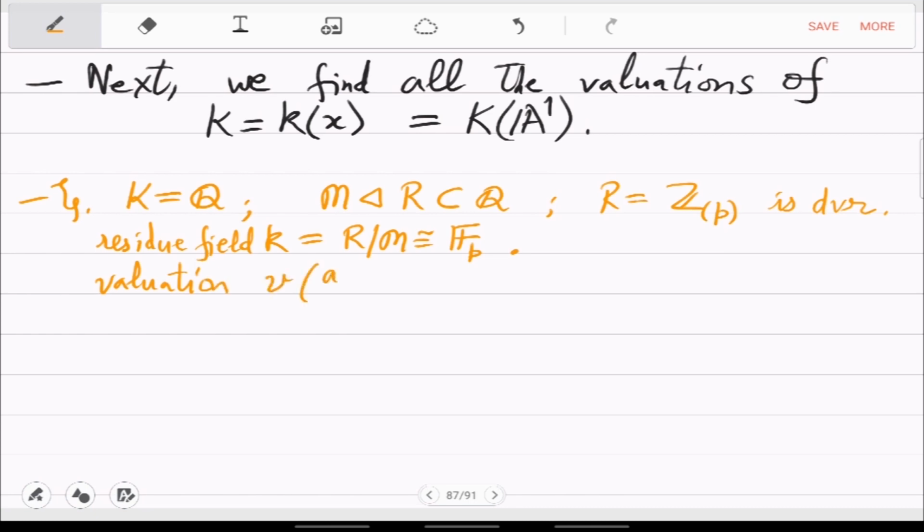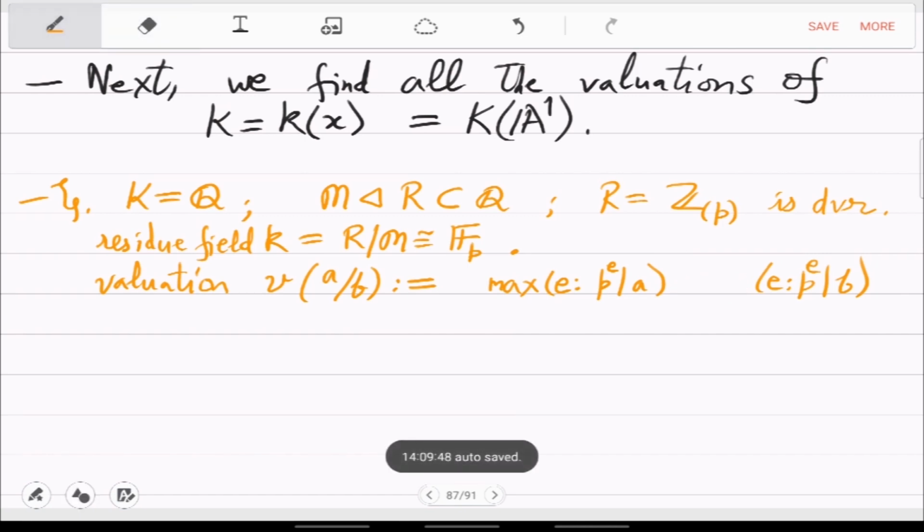The valuation V on a fraction A over B, where A and B are integers, is defined to be the highest prime power of p that divides A, minus that for B. This is also called the valuation with respect to p of integer A. So calculate that for the numerator and the denominator, and the difference is what gives you the valuation.